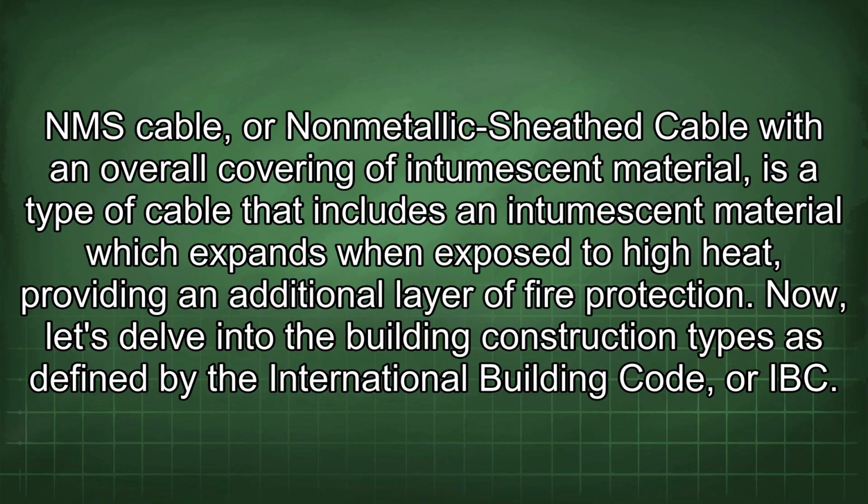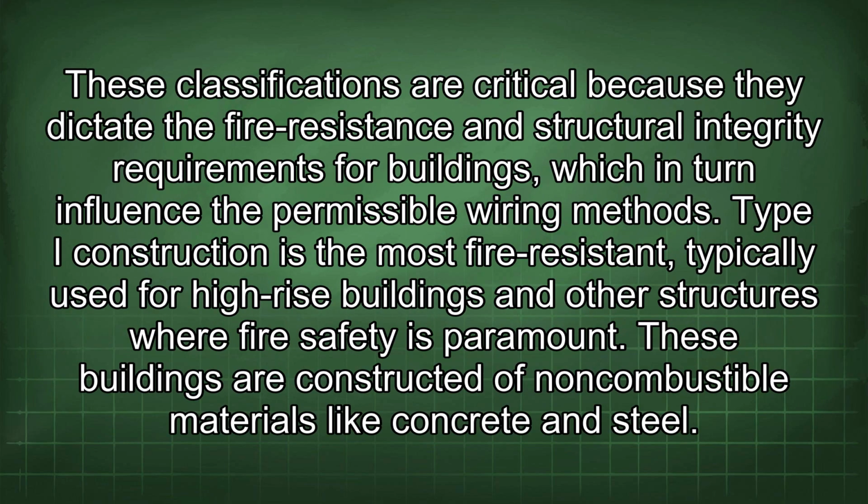Now let's delve into the building construction types as defined by the International Building Code, or IBC. These classifications are critical because they dictate the fire resistance and structural integrity requirements for buildings, which in turn influence the permissible wiring methods. Type I construction is the most fire resistant, typically used for high-rise buildings and other structures where fire safety is paramount.